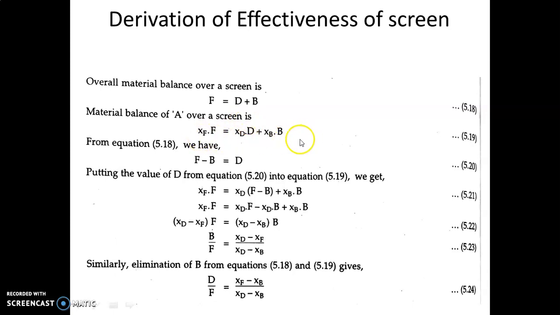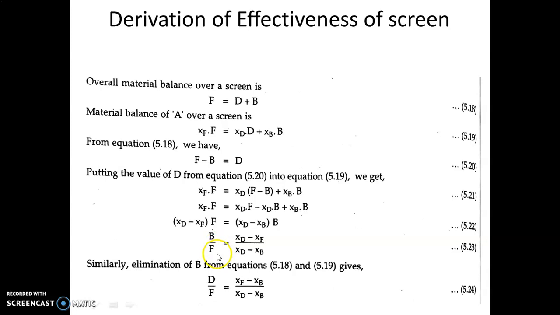Keep the remaining things as they are: XF into F, XD, with the value of D put here, and XB. Then solve the bracket and rearrange the equation in this format.